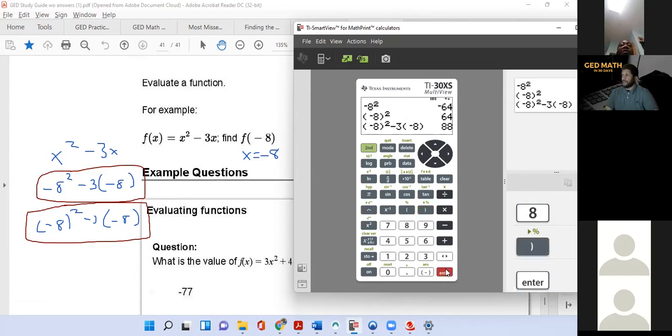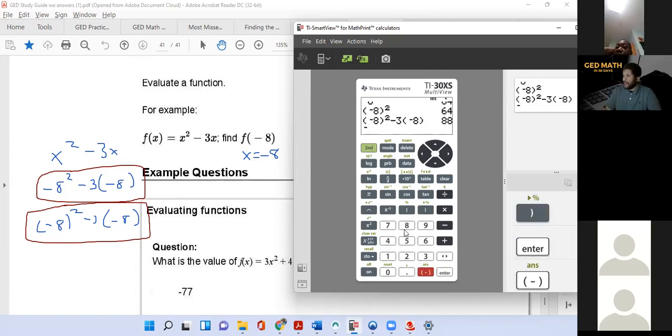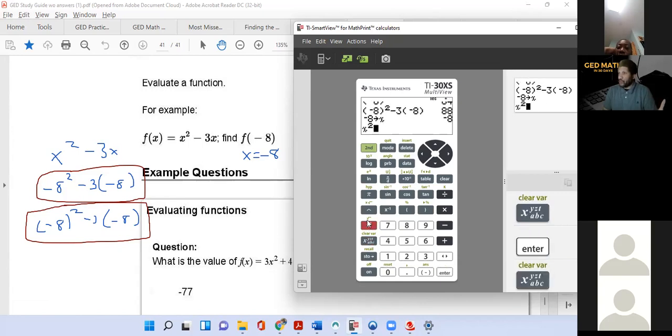You can put that in, and you still get 88. Or you could say -8 store x. Store that variable in your calculator and then type the expression the way you see it: x squared minus 3x.